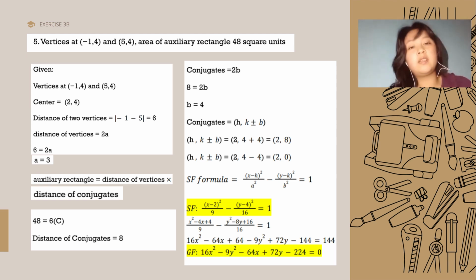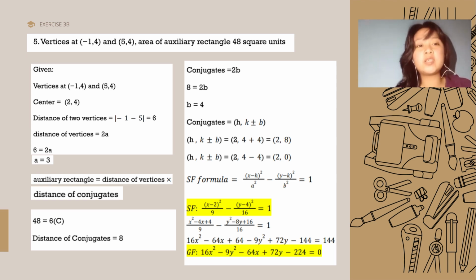So 48 divided by 6 is equal to 8. So given ang ating conjugate, ang distance of a conjugate, so i-substitute natin siya. So in order to find b, so sa conjugates of 2b, which is 8, is equal to 2b. In order to find b, kailangan natin i-divide ang 8, which is 8 divided by 2 is equal to 4.